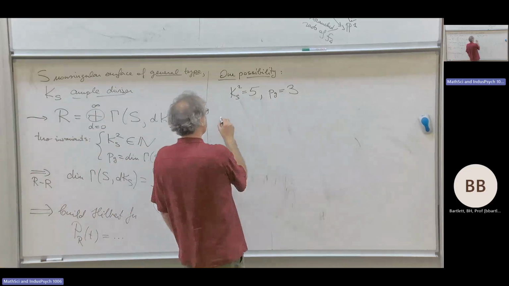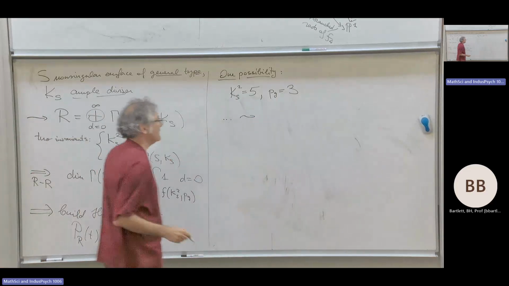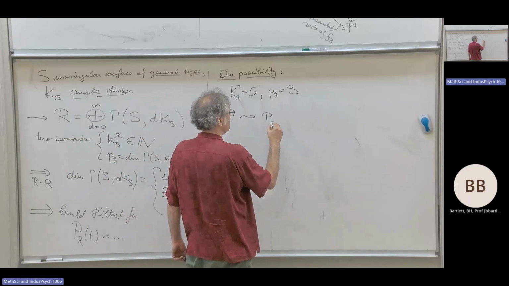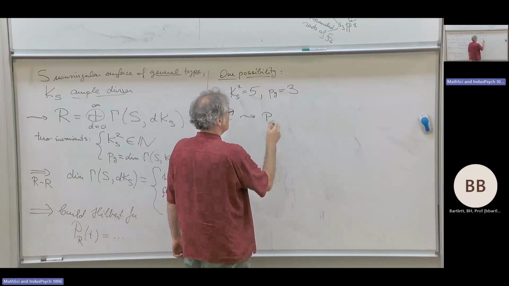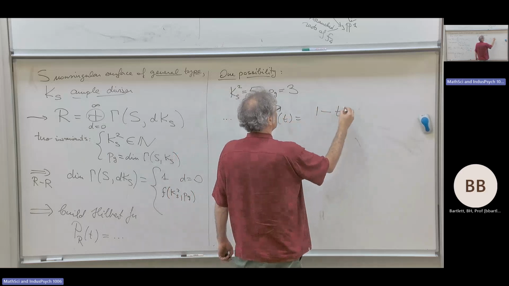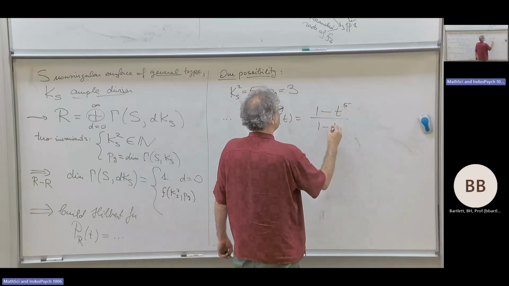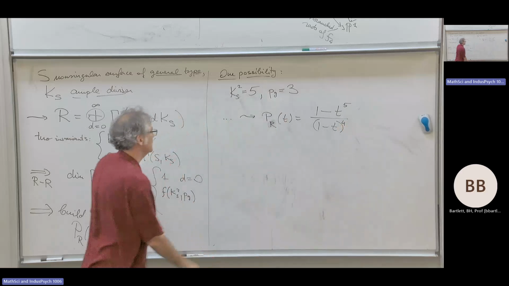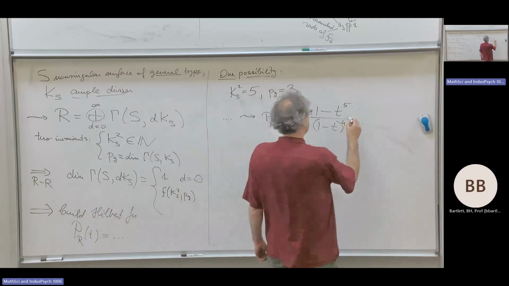And then you go through the process, you follow the formula, which I can't remember, and you discover that the Hilbert function PR of t is (1 minus t to the 5th) over (1 minus t) to the 4. So I hope I'm not lying if this doesn't start the right way.